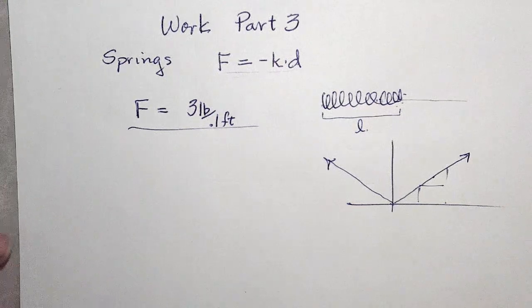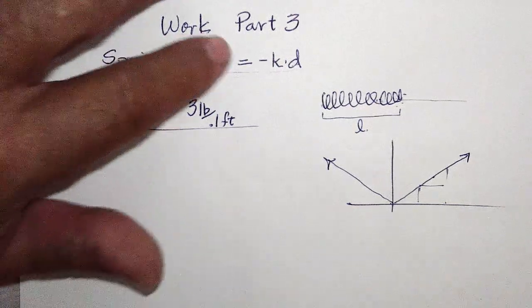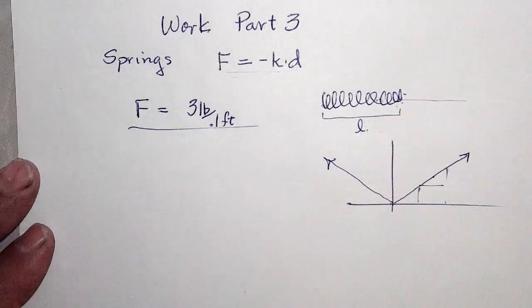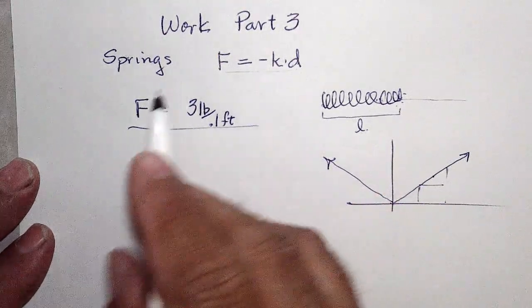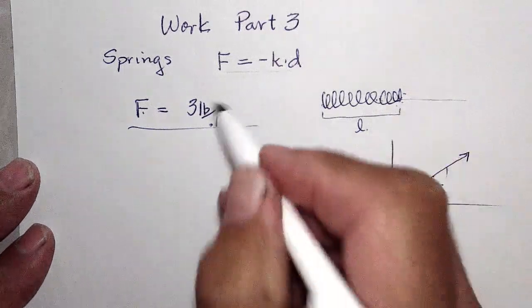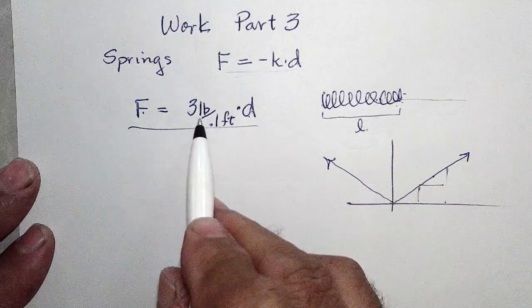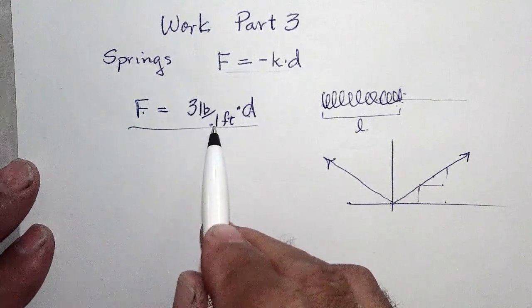So you don't really need to worry too much about the negative. You just need to know what's going on here. So the force at the beginning, when you first start moving it, is going to be 3 pounds per tenth of a foot.